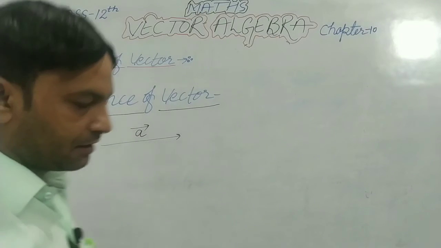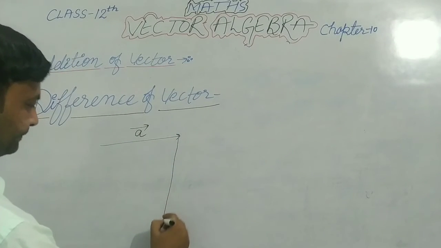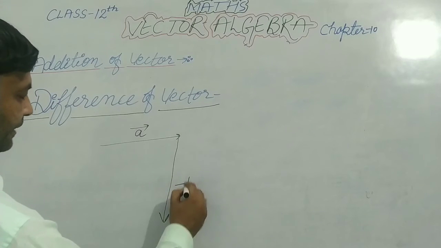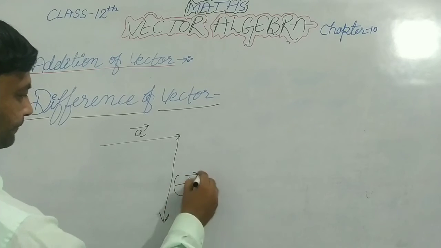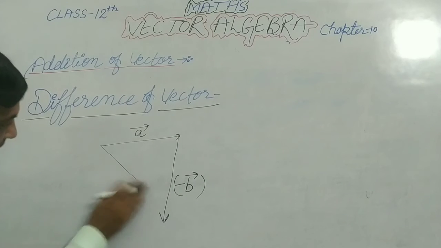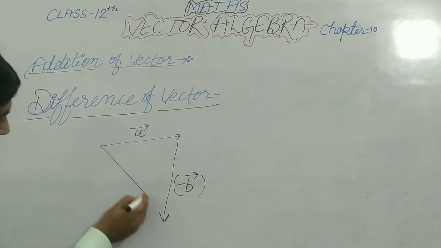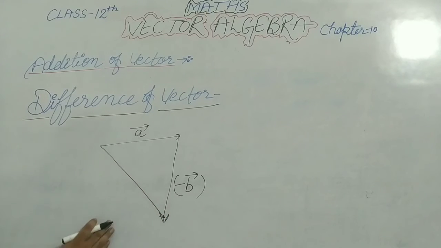If we take another vector in the opposite direction of this vector, we will take negative b. So the resultant of these two vectors, taken in order, with opposite direction, we have a minus b vector, isn't it?